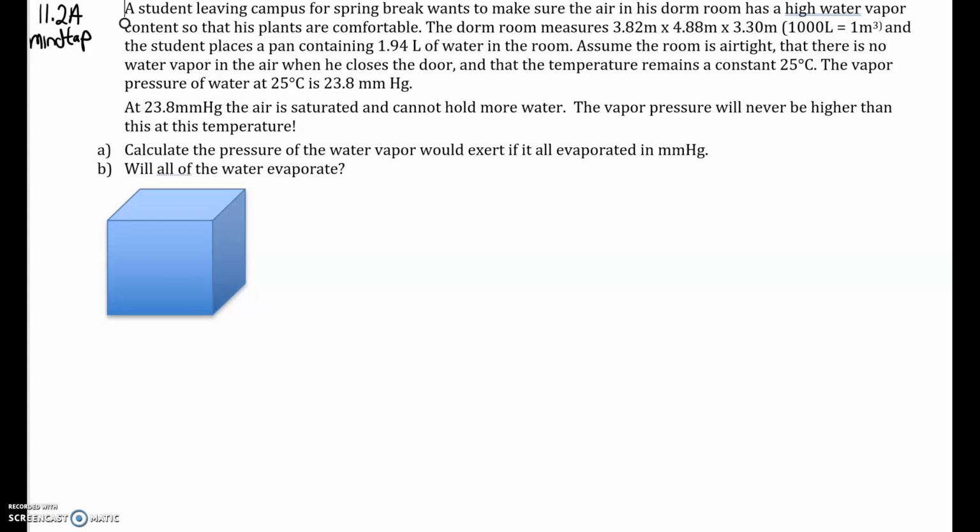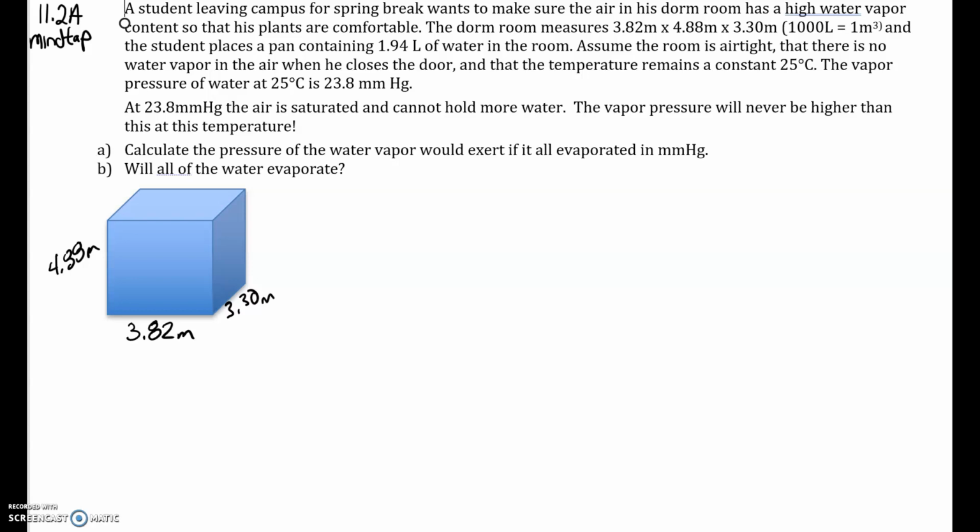Okay, so we have a dorm room here with dimensions in meters, and we drew this little cube box to represent this space. One dimension is 3.82 meters, another is 4.88, and the last dimension is 3.30.